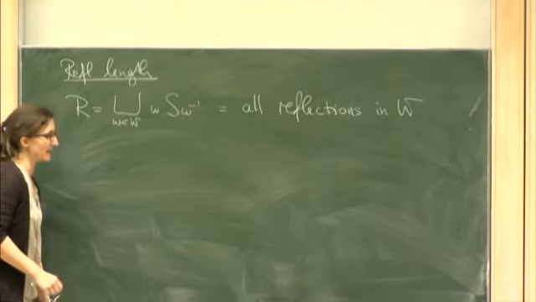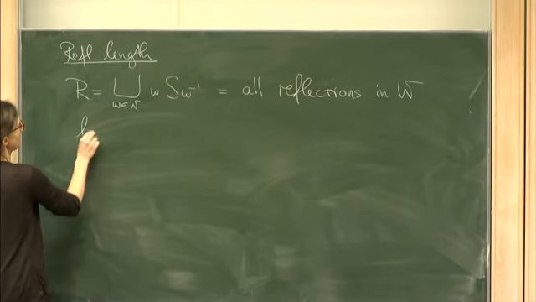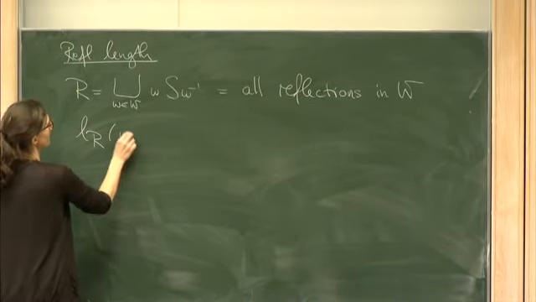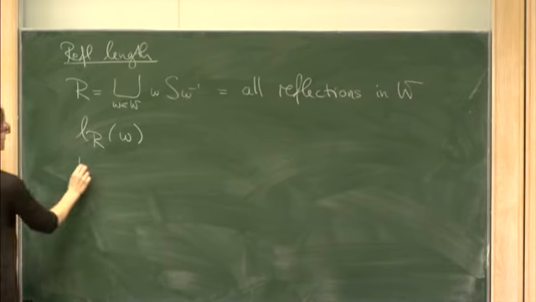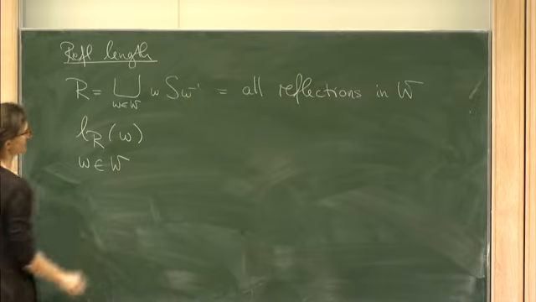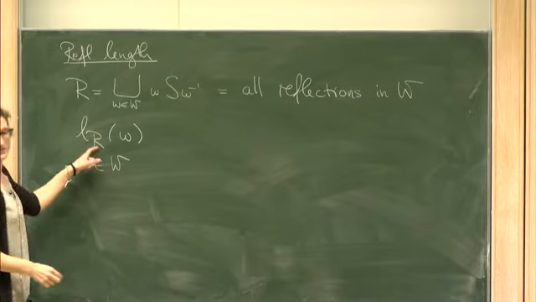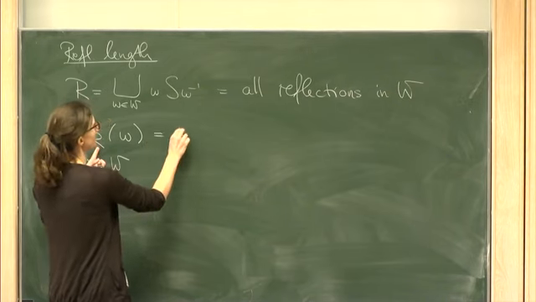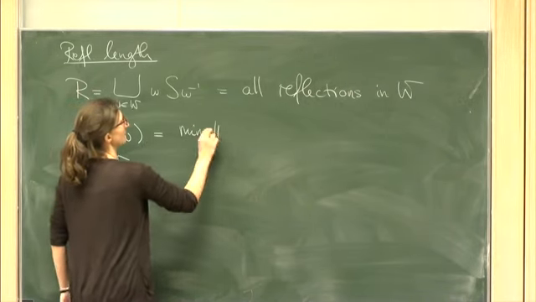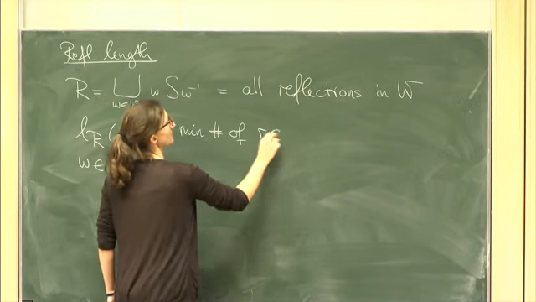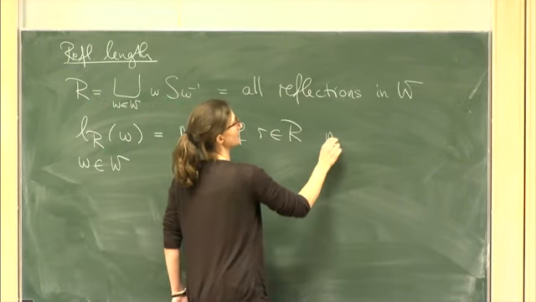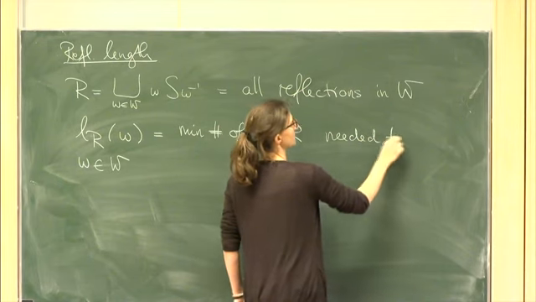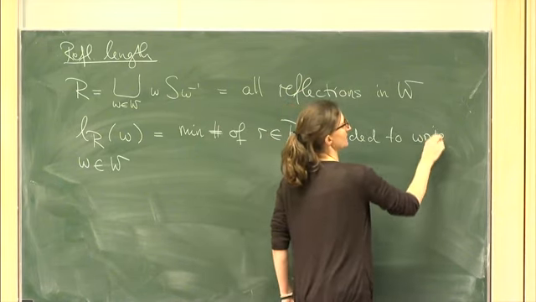And then you can ask, what is the length of an element little w in capital W with respect to this new, much bigger generating set? So this is the minimal number of R in capital R needed to write little w.